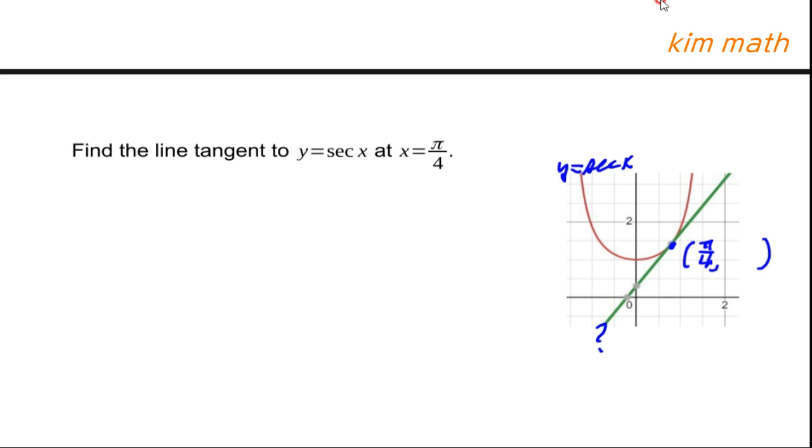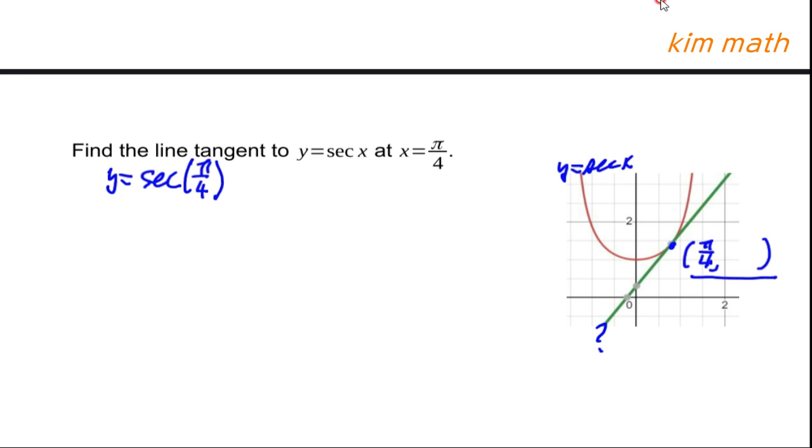So I want to find the y coordinate of that point. To find this value, you can simply plug in pi over 4 into the equation, right? So y equals secant, instead of x, you have pi over 4, right?